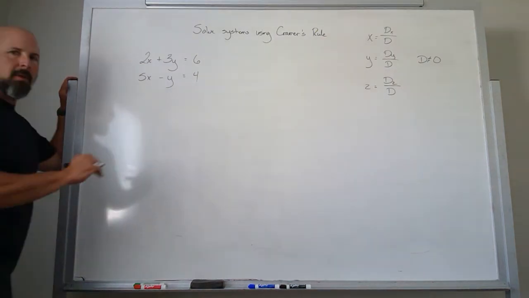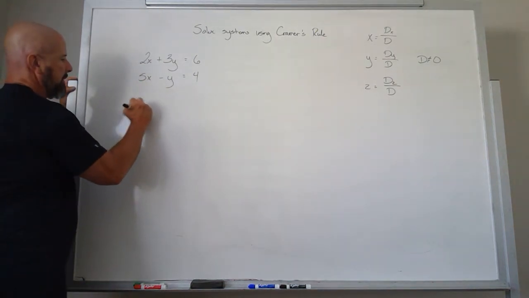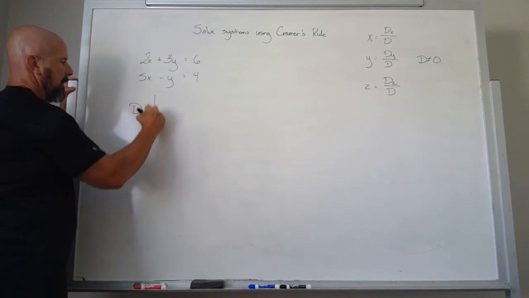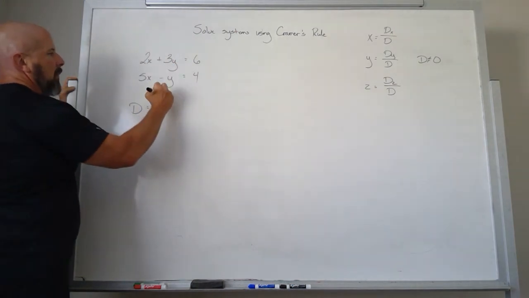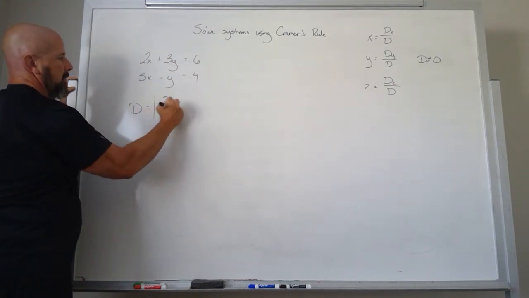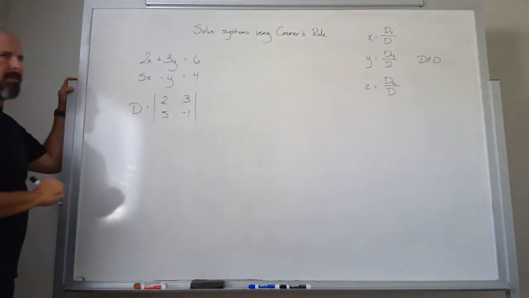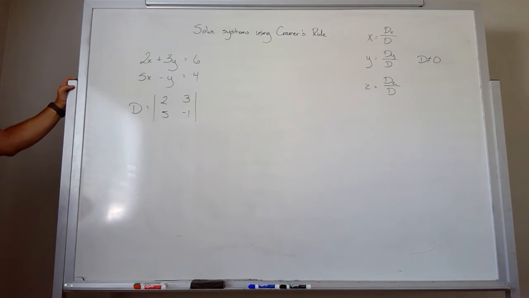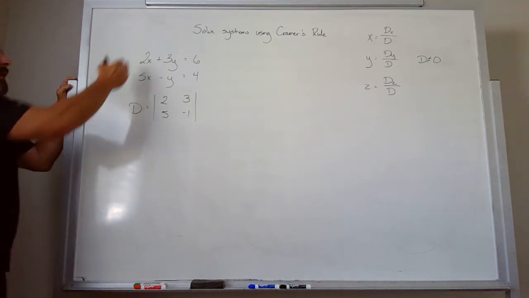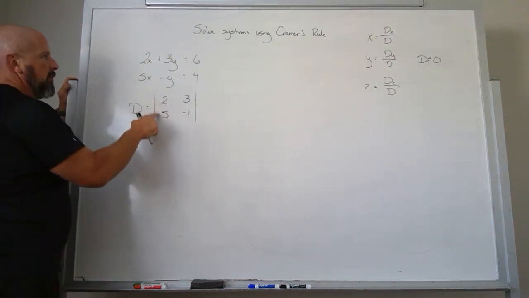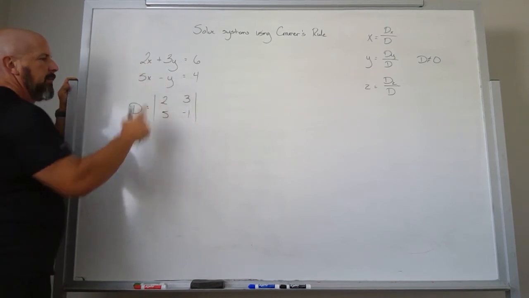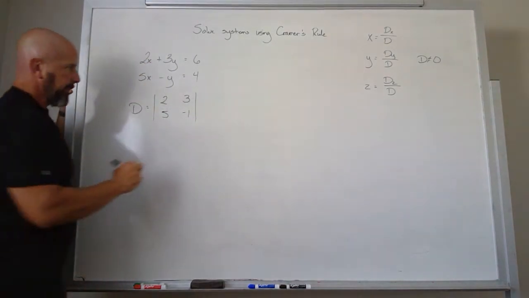My base determinant, the base determinant d, is the x and y columns. So I have an x column, a y column. There's my base determinant. Again, x column, y column. 2, 5, 3, negative 1. Now this I'll evaluate.